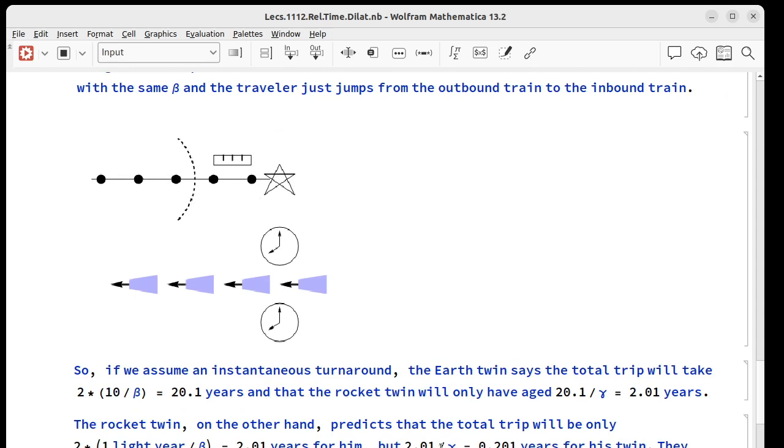Now, the apparent paradox is we've said that if two inertial observers are in relative motion, they can each claim they're not moving. But there's no way both twins can be correct. When the traveling twin gets home, his brother is either going to be a baby that's a few months old, or he's going to be 20 years old.